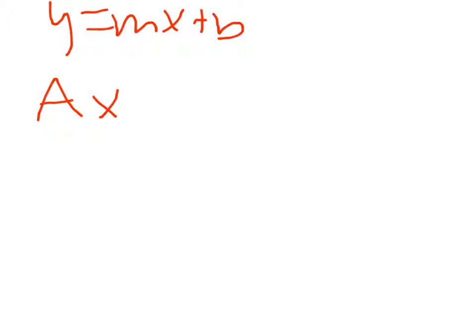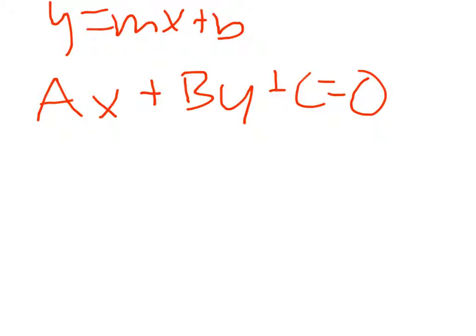Now moving on to the form of the equation of a line. So we learned y equals mx plus b already. And then lines can also be expressed in the form of ax plus by plus c equals 0. And that's called standard form.